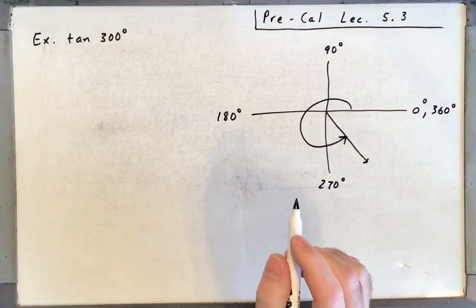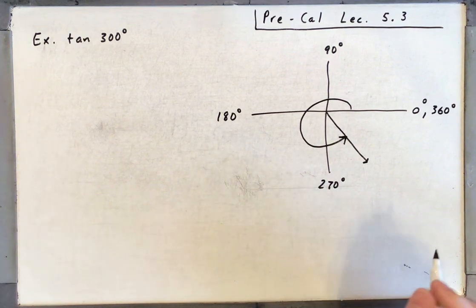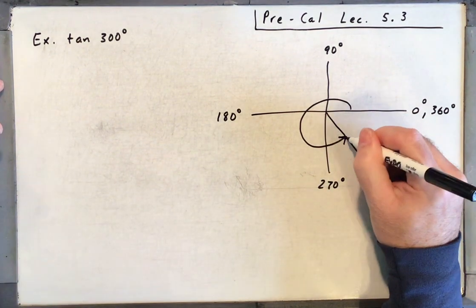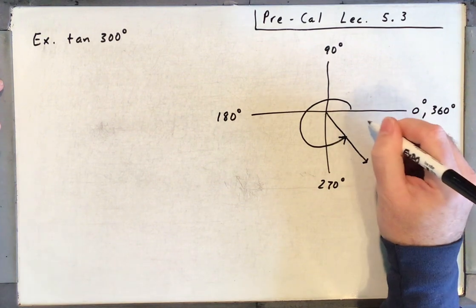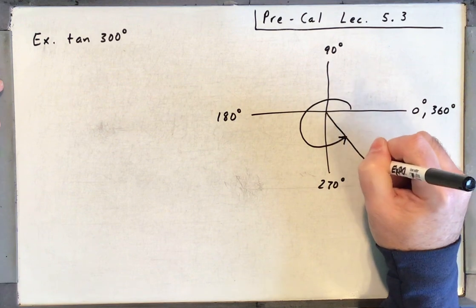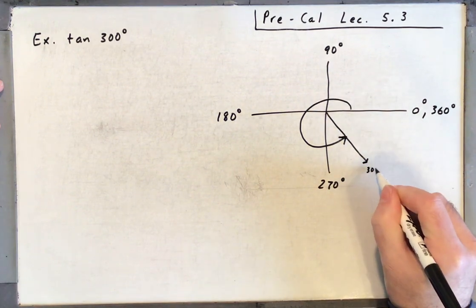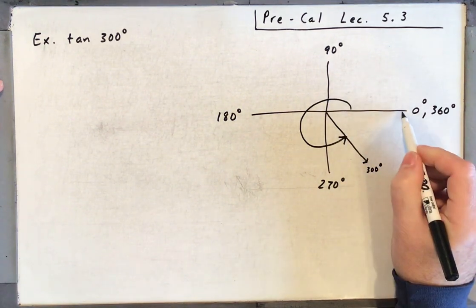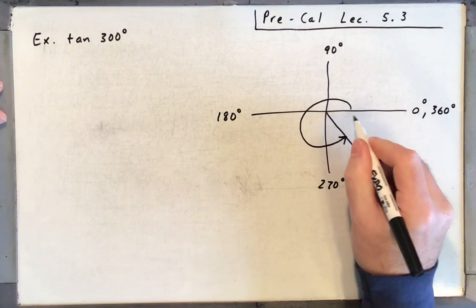Okay, well, first of all, we need to find the reference angle. And the reference angle is the acute angle, so less than 90 degrees, between the line we've drawn at 300 and the nearest x-axis. And its reference angle is always positive.